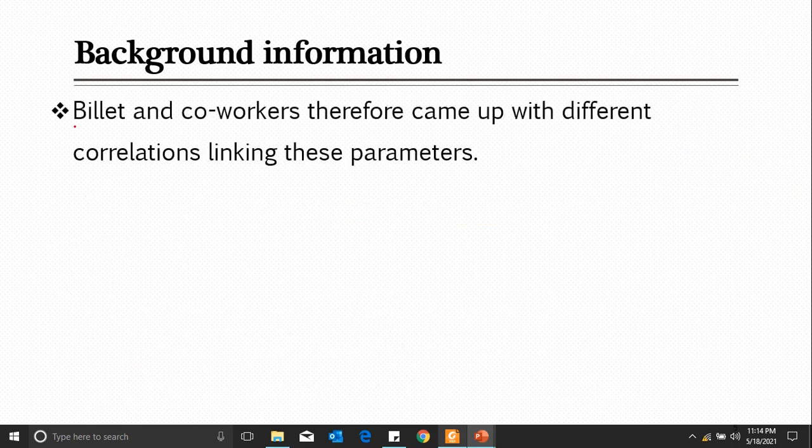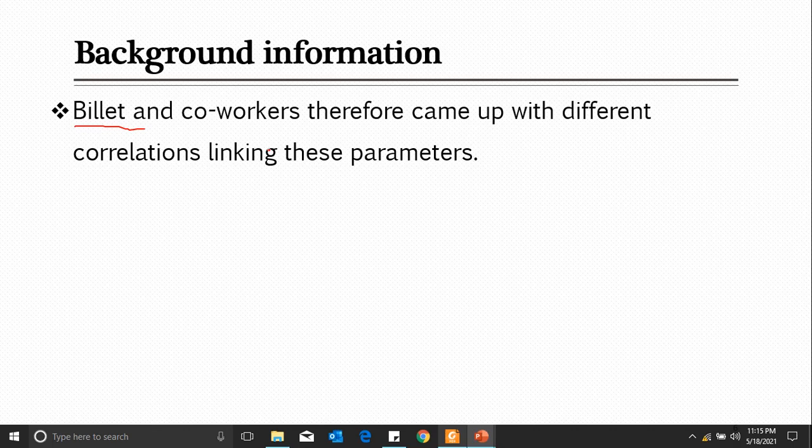Some scientists, Billet and his co-workers, worked a lot on the determination of liquid hold up inside the columns, and then their linkage with the flooding velocity, pressure drop, and finally the calculation of the diameter of the column.